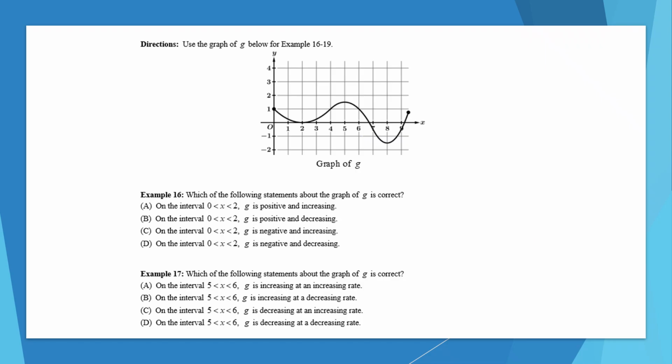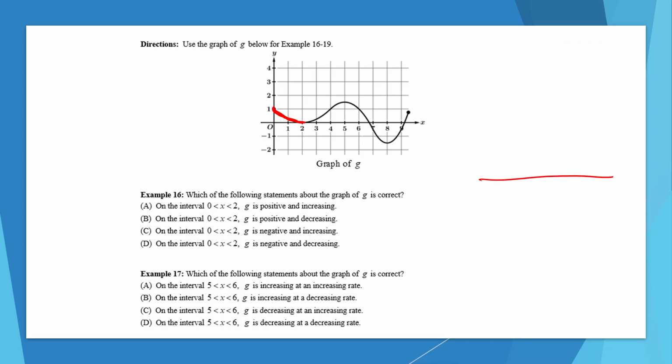All right, this next example, 16 and 17, use the graph of G below from 16 to 19. 18 and 19 are on the next slide. So here, which of the following statements is correct? Well, on the interval from 0 to 2, the graph of G is positive or negative and increasing or decreasing. If we look specifically from 0 to 2, it's going to be that portion of the graph right there.